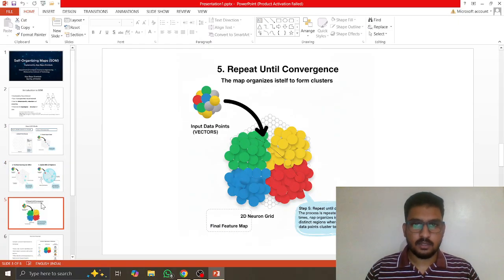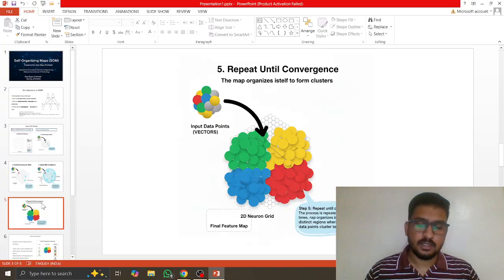After that, we repeat until convergence, meaning until the SOM finishes training and there is negligible change in the weights.